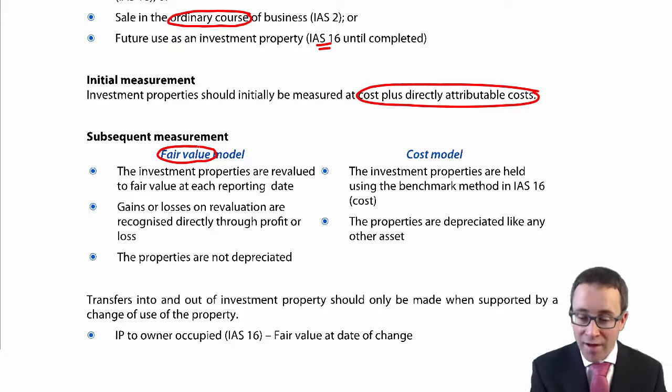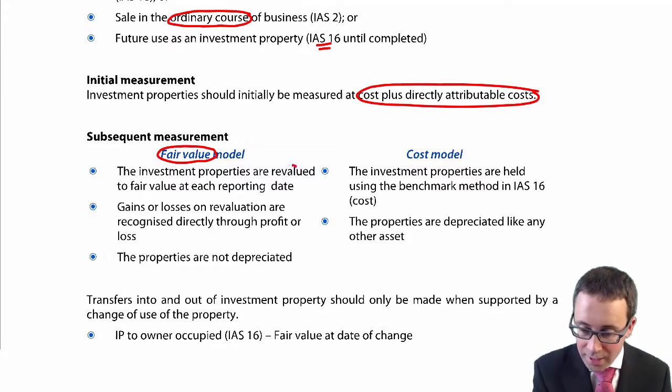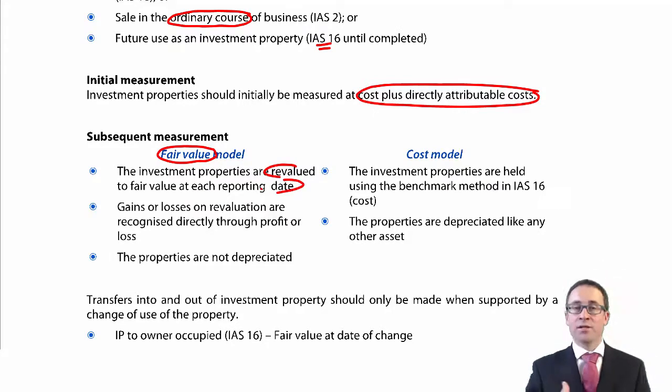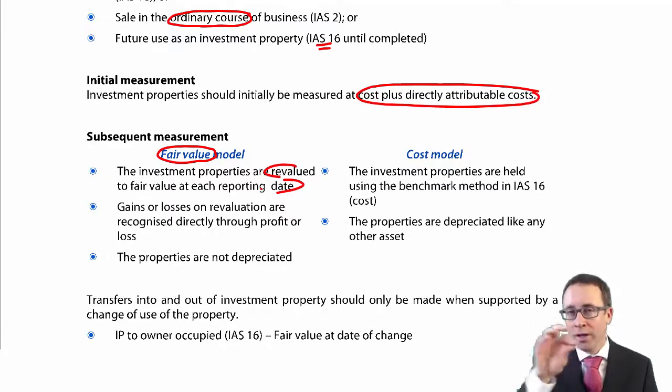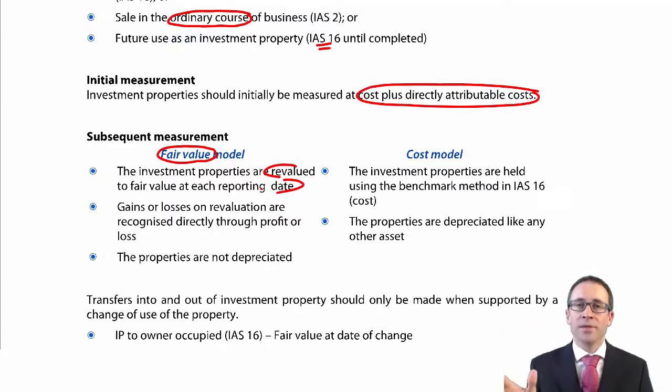You look at the fair value at each reporting date and revalue it to fair value. Okay, just be aware, unlike IAS 16, where you need a professionally qualified valuer, there's no specifics within IAS 40 that say you need a professionally qualified valuer, but that's just a small little bit to one side. Okay, you revalue it to fair value.